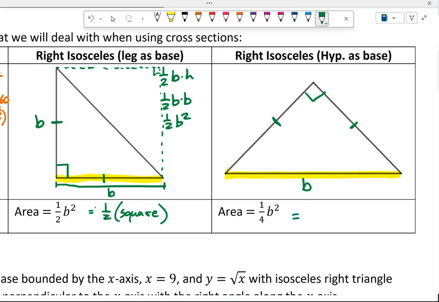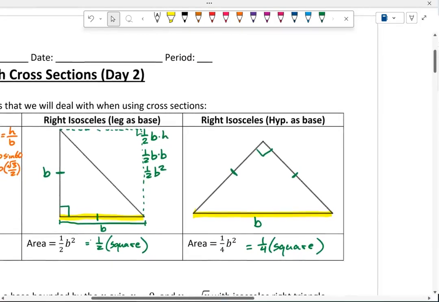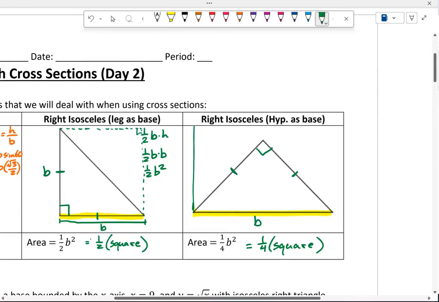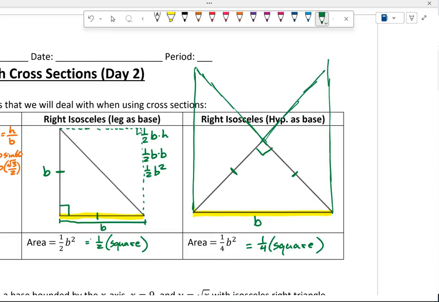So this is 1/4 of a square, which we can visualize by extending these up. A square has the same sides. And that would be my square, where these are all my congruent sides. All of those are b. And that triangle is 1/4 of b squared. All right?